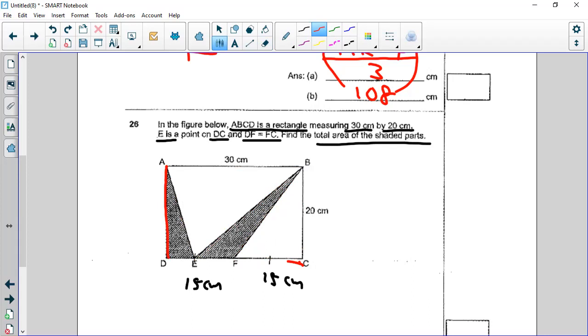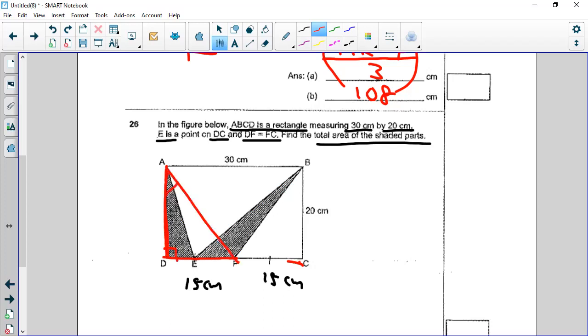Okay, now listen carefully. I am going to draw a right angle triangle again, which has the same area as these two shaded triangles. So how do I draw a right angle triangle that has the same area as these two shaded triangles? I just combine the base together. And then the height is common, which is here, to form a right angle.